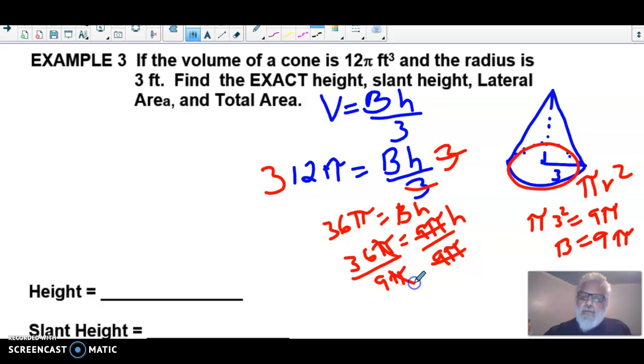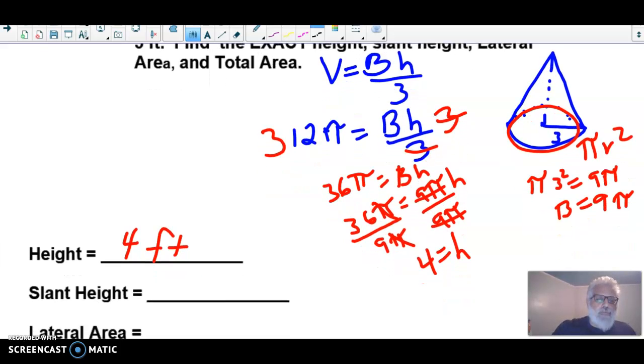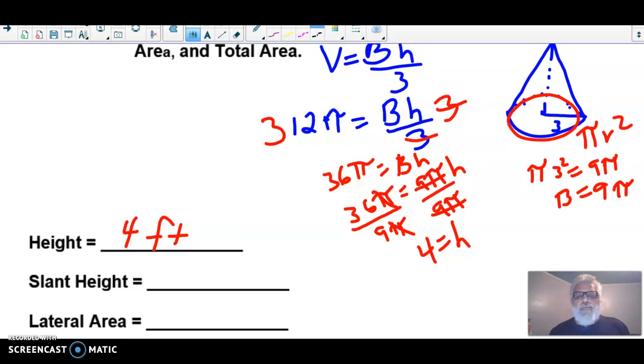Pi's cancel here. 36 divided by 9 is 4. And that is my height. So I'm going to put 4 feet. So 4 feet is my height.